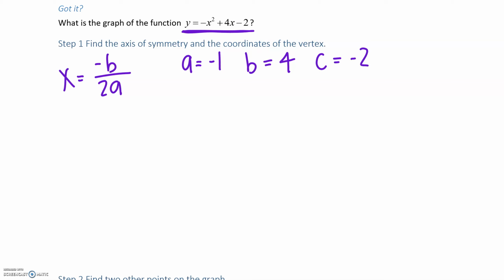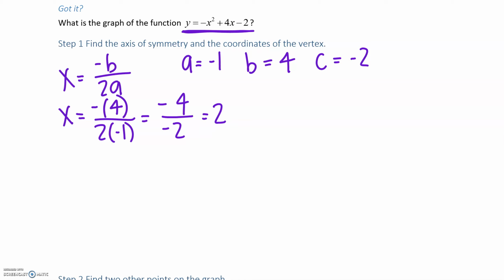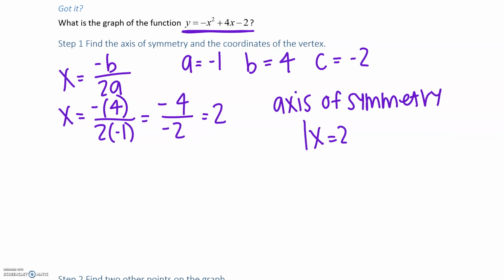So when we plug in our numbers, we've got -4 over 2 times -1. So that gives us -4 over -2. -4 divided by -2 is just 2. So our axis of symmetry should be x equals 2.